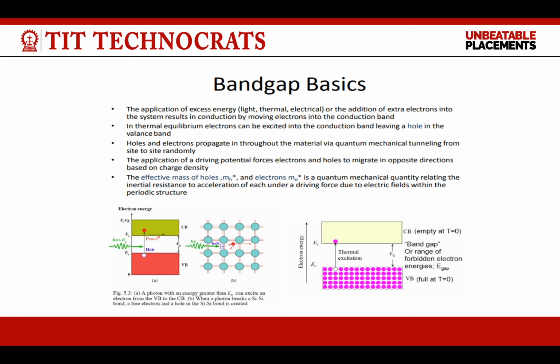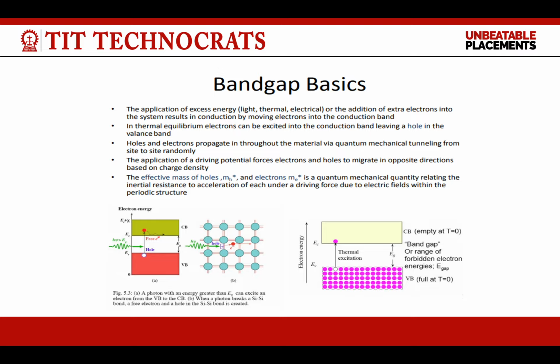These are the band gap basics. Application of excess energy like light, thermal, or electrical, or the addition of extra electrons in the system, results in conduction by moving the electron from the valence band to the conduction band. In thermal equilibrium, electrons can be excited into the conduction band, leaving a hole in the valence band, so conduction starts in the conduction band and the valence band.